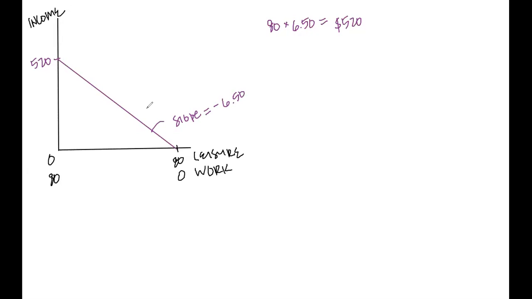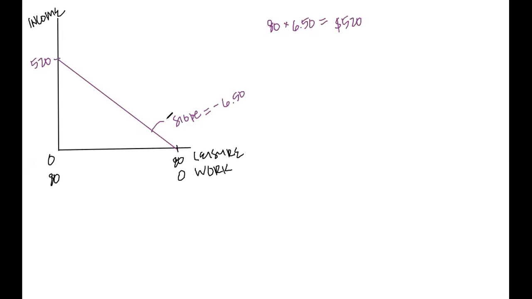But the slope is always the wage rate, and the y-intercept is what they would earn if they were to work all the possible hours, and the x-intercept is going to be at whatever the amount of total possible hours is. Hopefully you're able to follow along with that. So we graphed the weekly budget constraint.